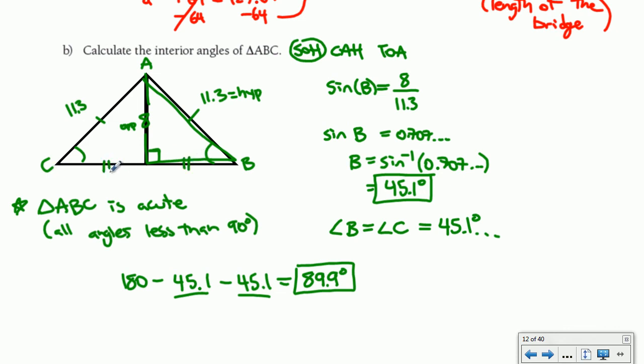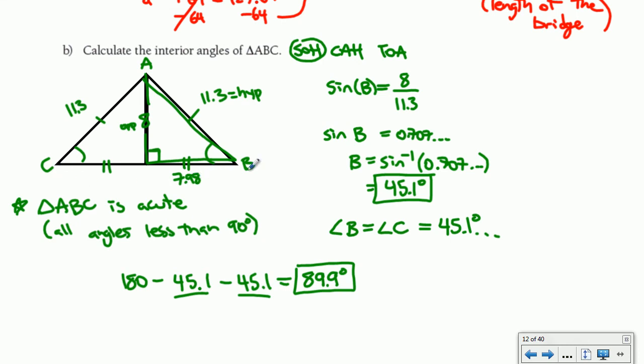We can check to see what this length is, just for curiosity. So you can do Pythagoras theorem on this. So 11.3 squared minus 8 squared, which is 64, square root that. It turns out that this is 7.98.